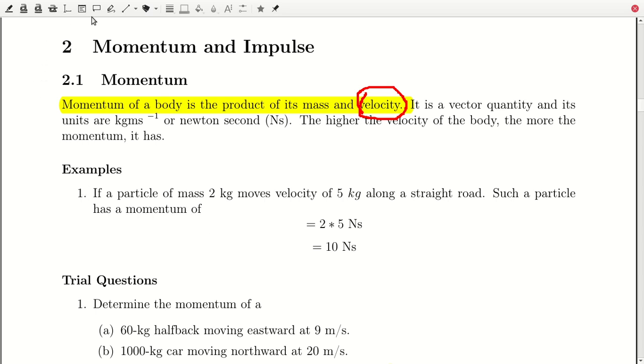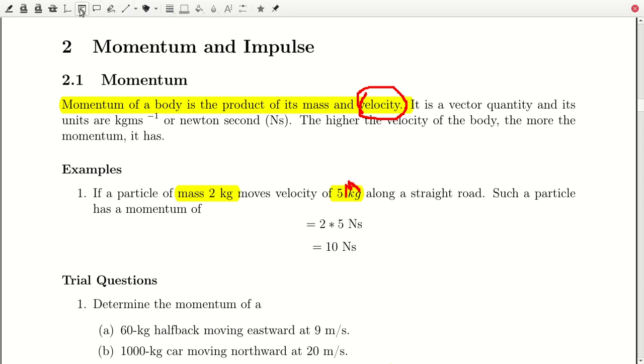So you can read this example. This is just saying if a particle has a mass of 2 kilograms and a velocity of 5 meters per second, should be 5 meters per second, not kilograms.